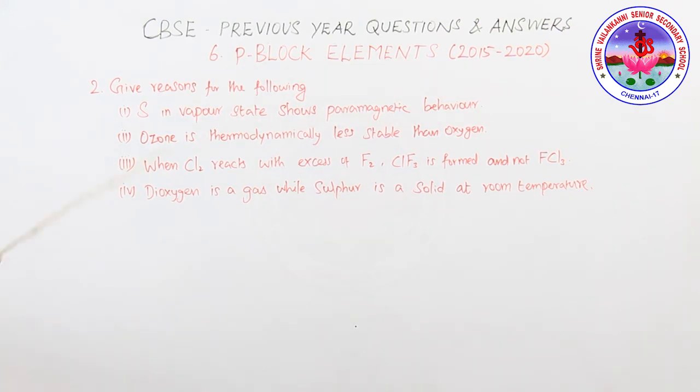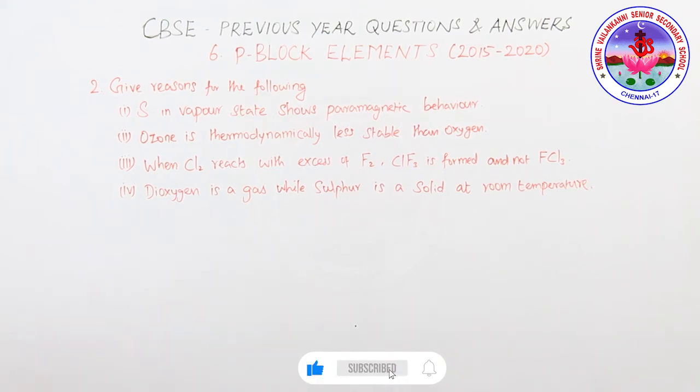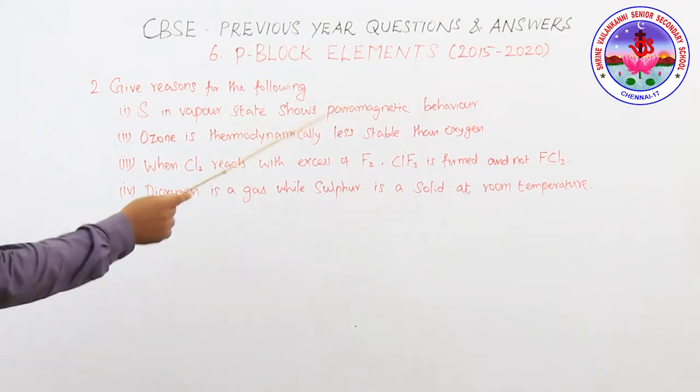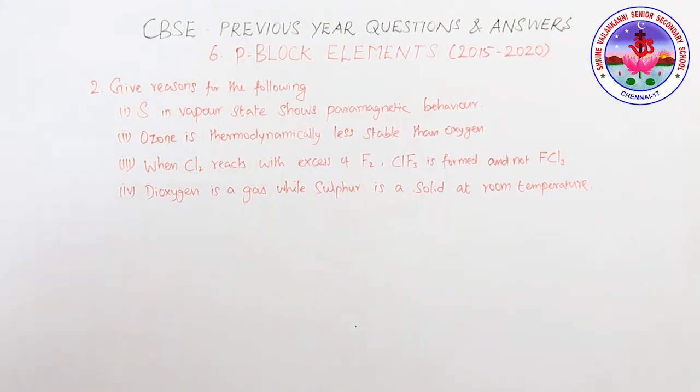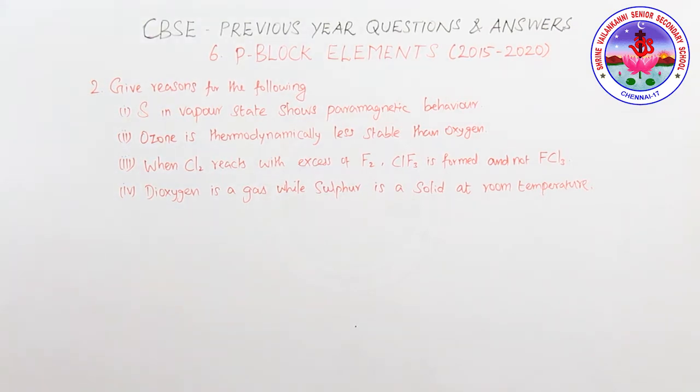That is why sulfur in the vapor state shows paramagnetic behavior. The key pointer to indicate is the presence of unpaired electrons in sulfur. Usually you know that no unpaired electrons means diamagnetic behavior, and presence of unpaired electrons means paramagnetic behavior.